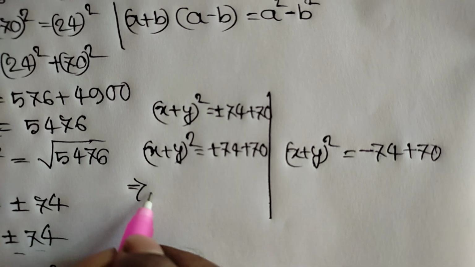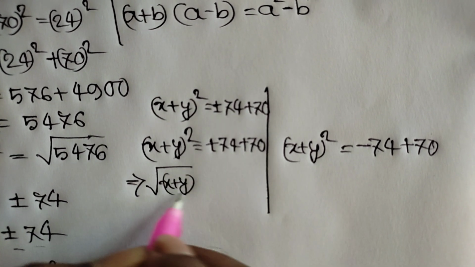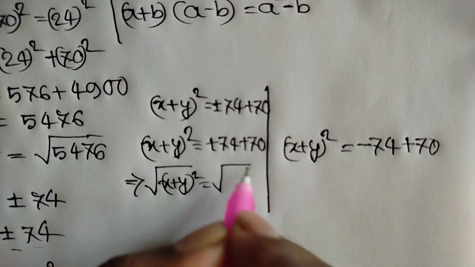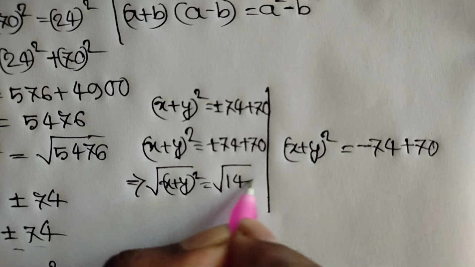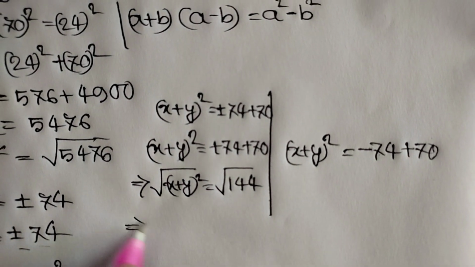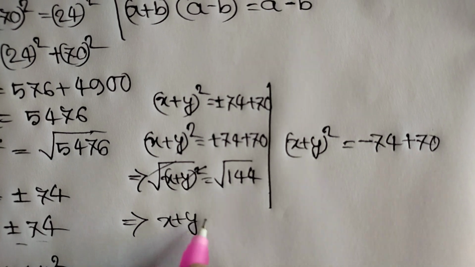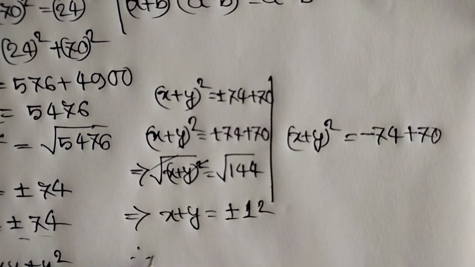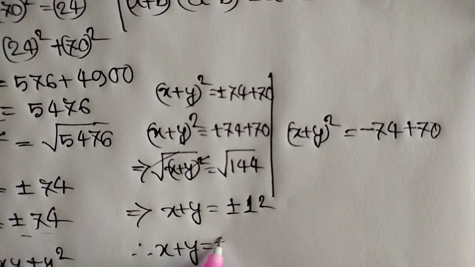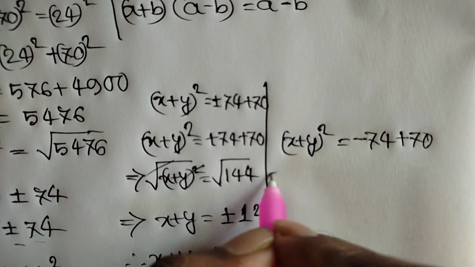Or taking square root to both sides, we can write square root of x plus y whole square is equal to square root of 74 plus 70, that means 144. Or this square cancels this square root, so it will be remaining x plus y is equal to plus or minus 12. So finally the value of x plus y is equal to plus or minus 12.